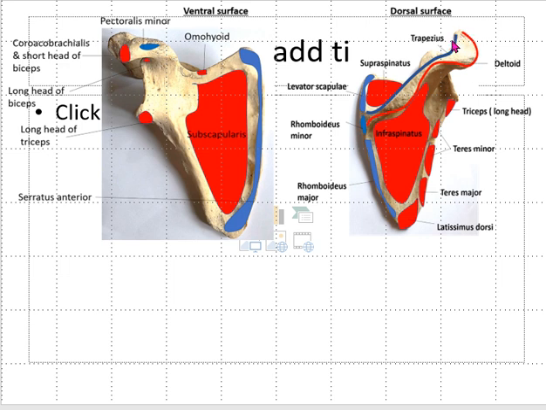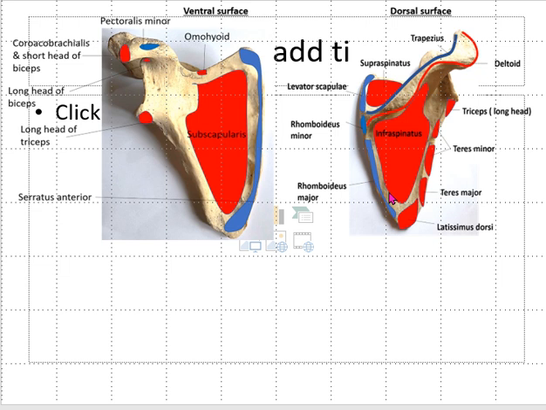The medial border of the acromion and upper lip of the crest causes insertion of the trapezius muscle. Now the coracoid process. The coracobrachialis and short head of the biceps arise from the tip of the coracoid process. Pectoralis minor is inserted into the superior surface of the coracoid process.